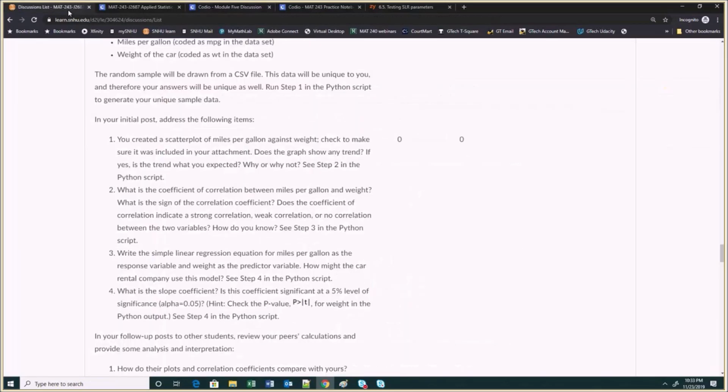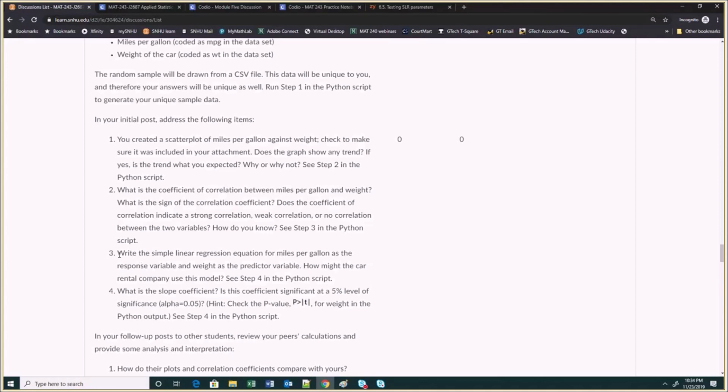And in this case, you can tell the management of the firm that they can use this model to determine the rental price for the car, because the prediction is quite accurate. You have a strong correlation and a good predictive model.